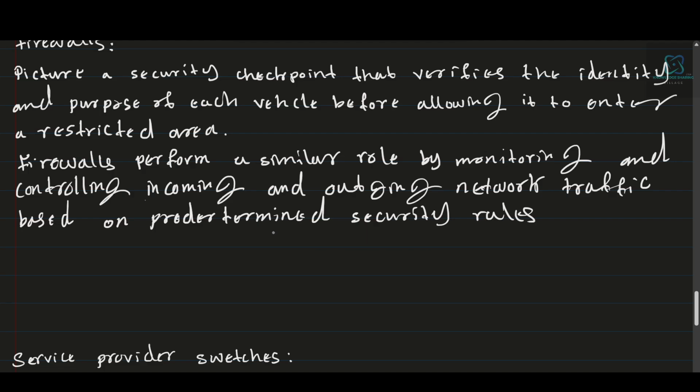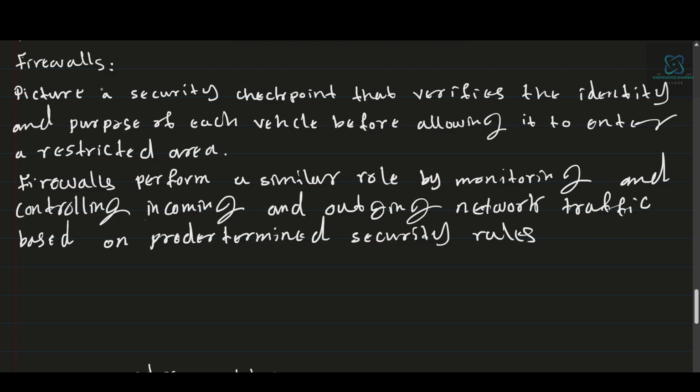So basically the network manager sets a list of instructions on how and what to look for when verifying each vehicle, or in our case each packet that comes into the network or goes out of the network. This is basically what the firewall does. We will come back to the various types of firewalls that exist and how they work in future videos.